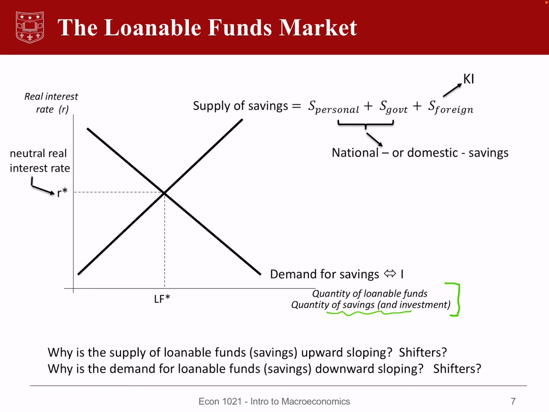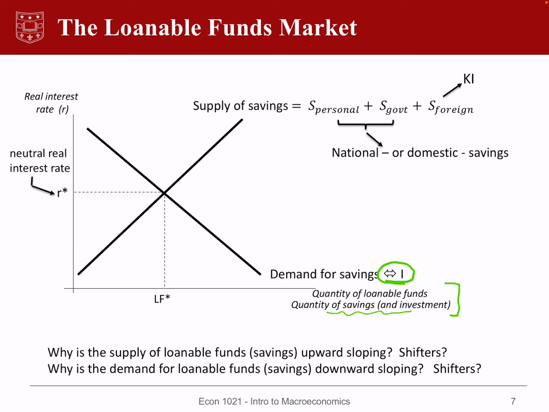The demand for savings is savings that firms want, so firms are going to borrow in order to undertake investment expenditures. And the supply of savings is coming from the private sector, households, the government sector, and the net of what's happening in international transactions.